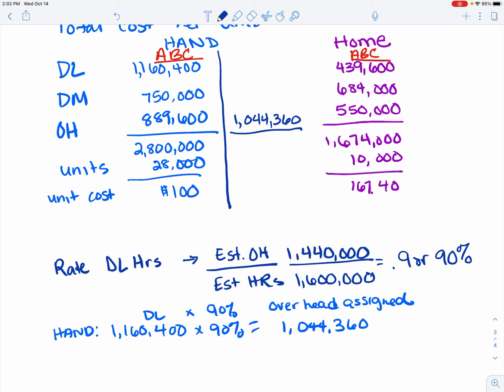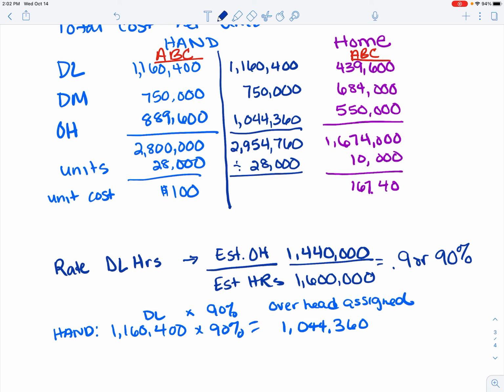And what we're going to do is bring in, again, that direct labor. I'm going to bring in the direct materials. Those don't change. The only piece that's changing is the overhead. I'm going to add all of those up to get a total. The number of units do not change.